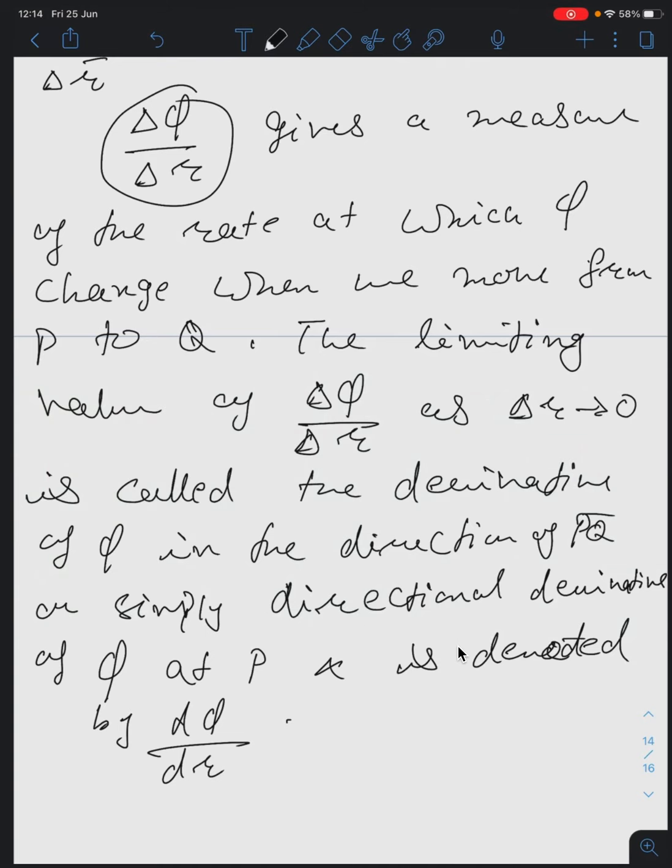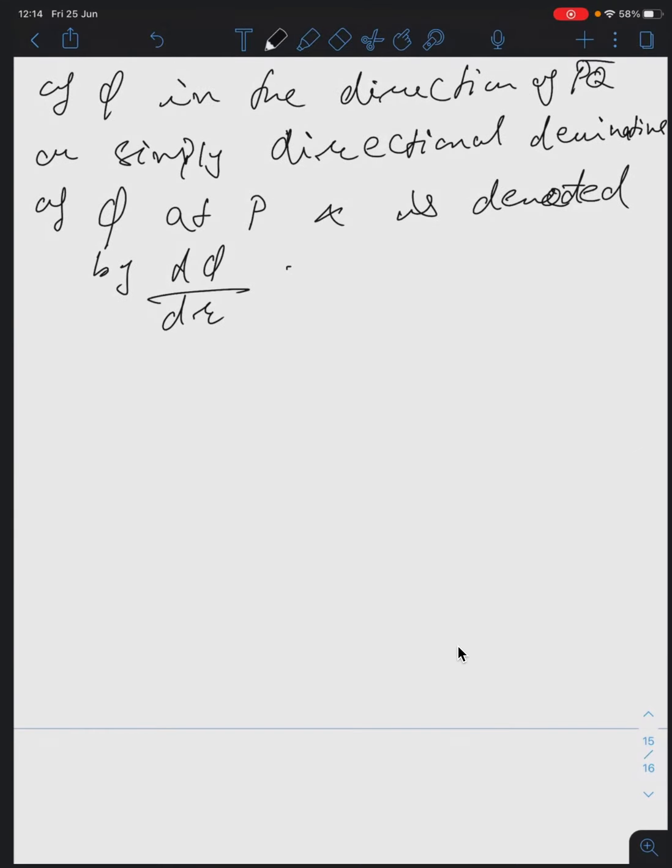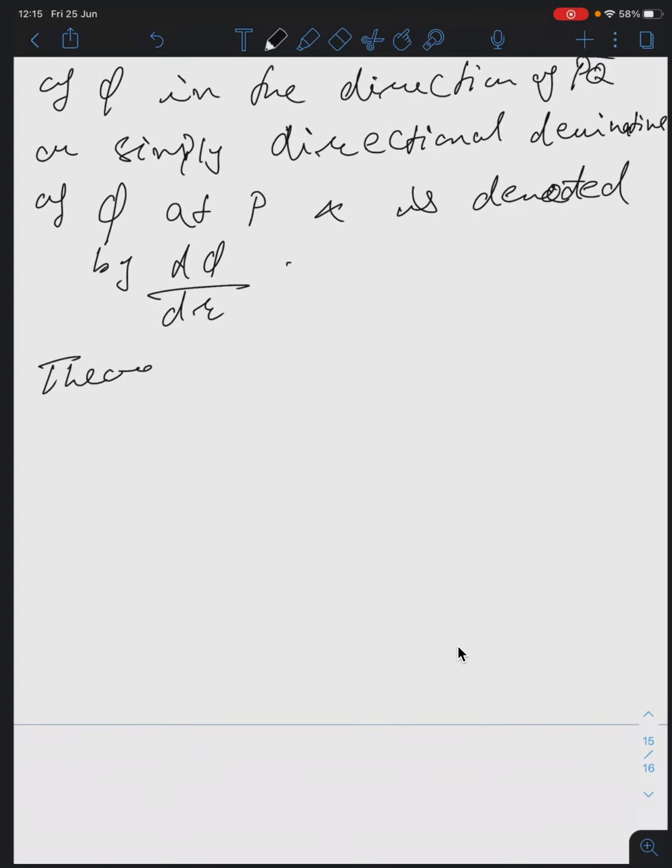But based on this, you have a theorem, and by using this theorem only, we will calculate the directional derivative of a scalar point function at a point, in the direction of a unit vector. So note down this theorem.